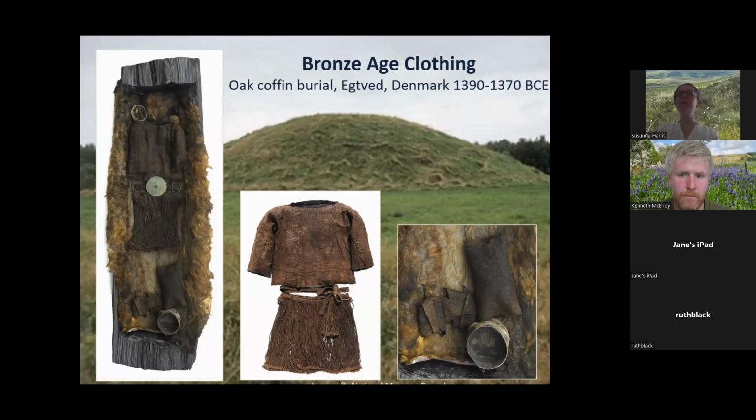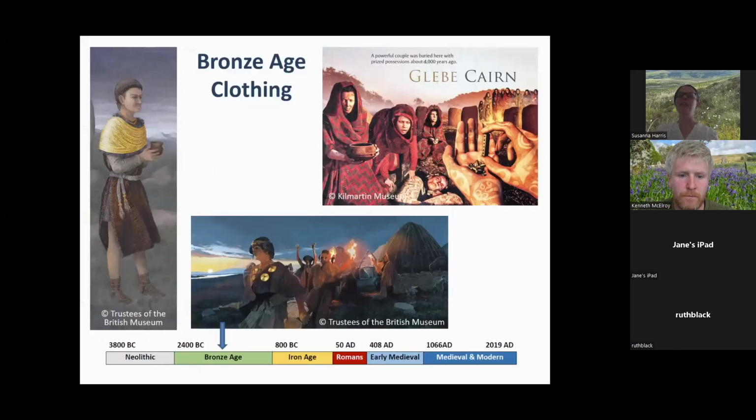So when you look at recreations of clothing in the Bronze Age, quite often they'll be based on that. And I think this is a very reasonable interpretation of what's going on in the Bronze Age. So these are some examples.